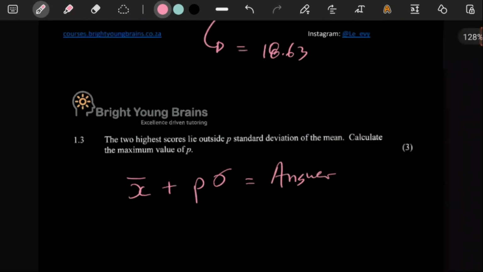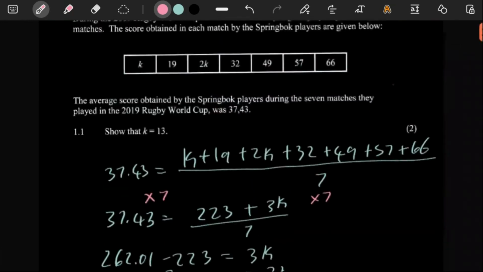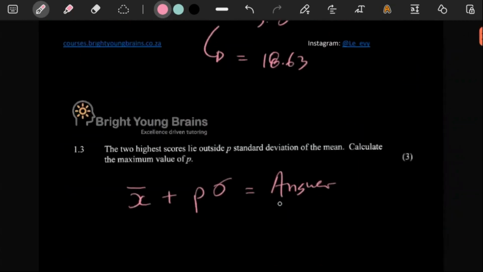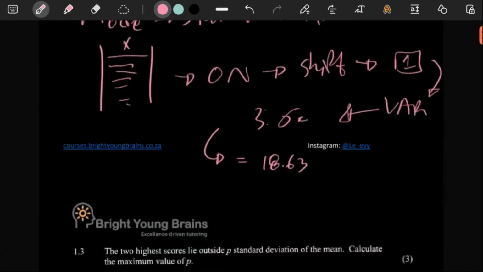Now, what they're saying is that our two highest numbers are higher than this number. This is actually quite a strange question. Okay, not so strange, it's really not that straightforward.